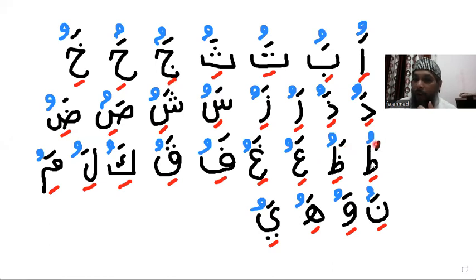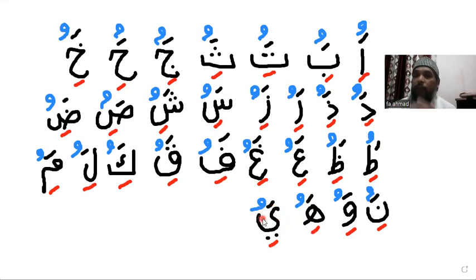Ta ti tu, za zi zu, a i u, gha ghi ghu, fa fi fu, qa qi qu, ka ki ku. La li lu, ma mi mu. Repeat after me. Na ni nu, wa wi wu, ha hi hu, ya yi yu.